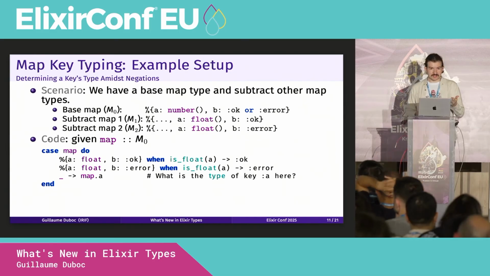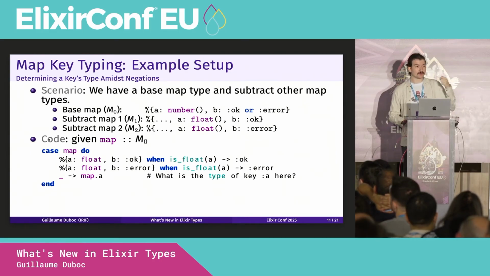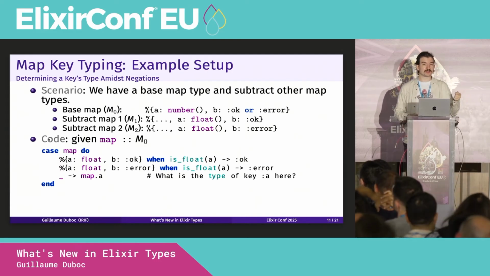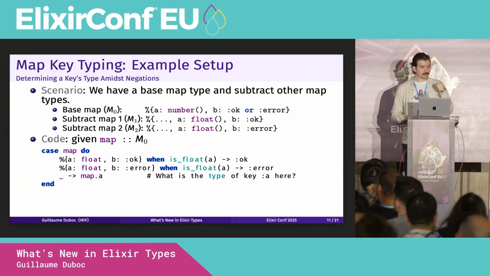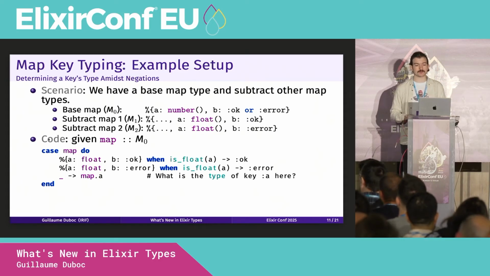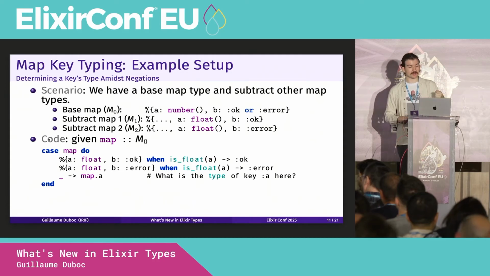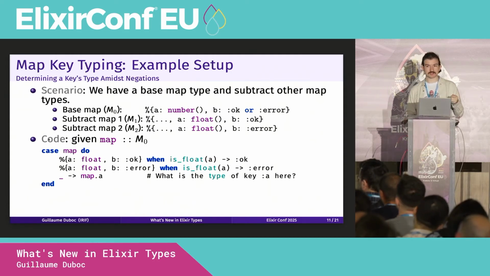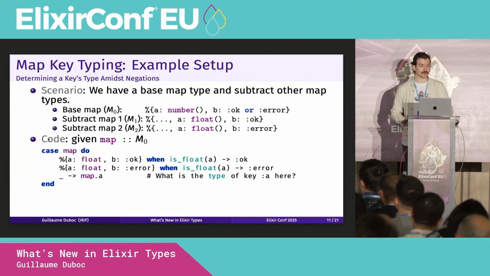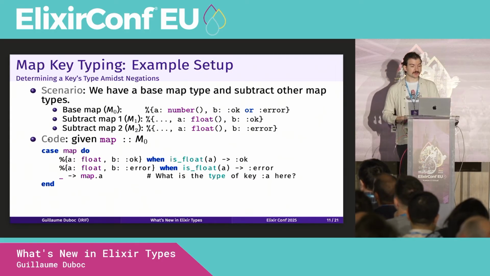In the third branch here, the type system, in order to determine the type of a map, is going to take its initial type and subtract the type of the previous branches. And then, if you call map A in this third branch, you want to have the actual type, the actual thing that you will receive.